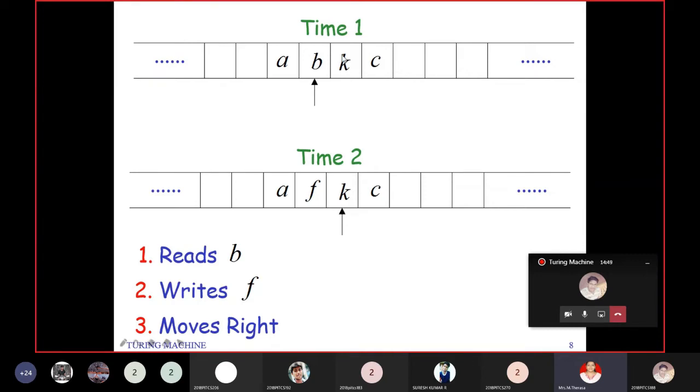When you read B, you rewrite that B as F and move right. So when you move right, the symbol pointed to by the read-write head is K. It reads B, writes F over it, and the read-write head is moved towards the right.